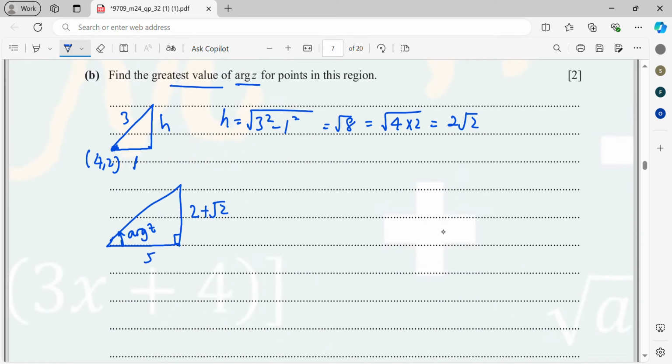Now I need to find the argument, so I will write the greatest argument equals the inverse tangent of (2 plus 2 root 2) over 5. When you calculate this value in radians, it is going to be 0.768. So that is the greatest argument.